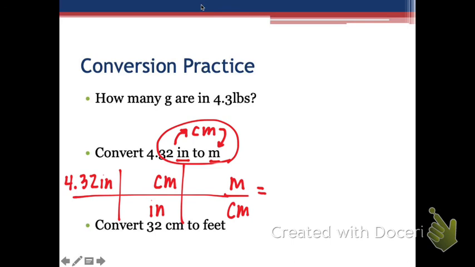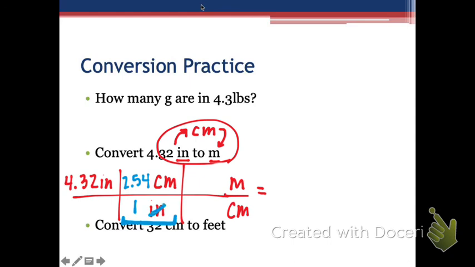Now let's go ahead and plug in my numbers here. Between inches and centimeters, which one gets the 1? Inches. And I know there is 2.54 centimeters in an inch. That comes right off that US to metric chart that I gave you.